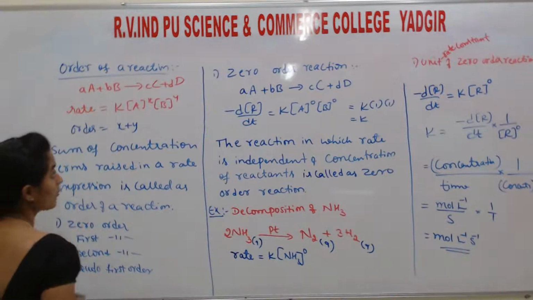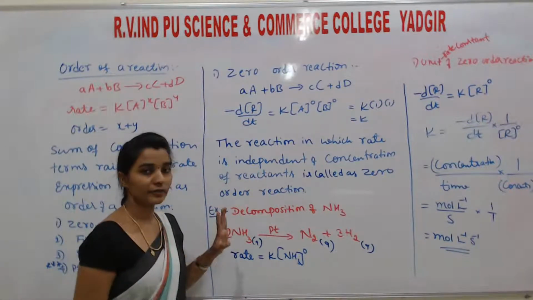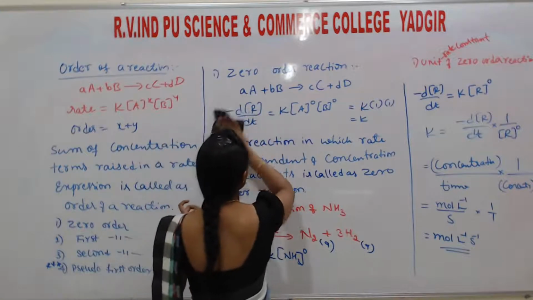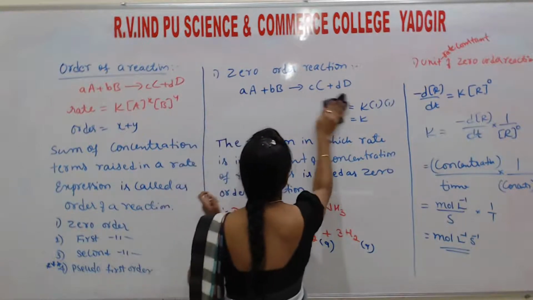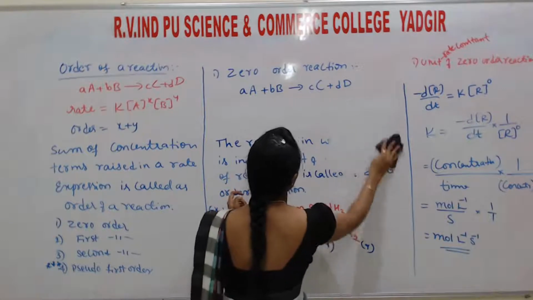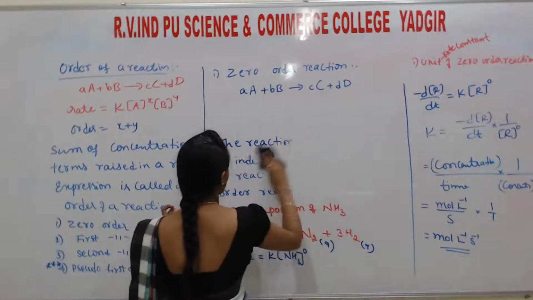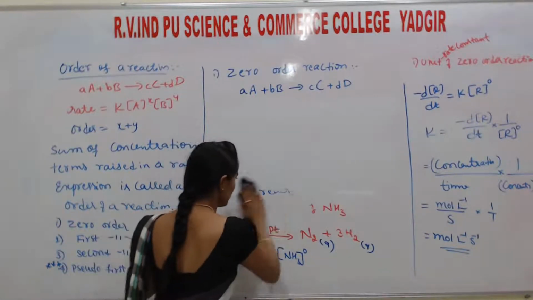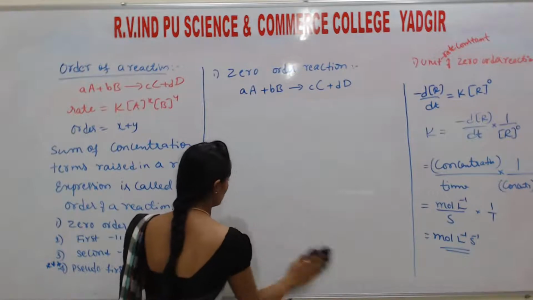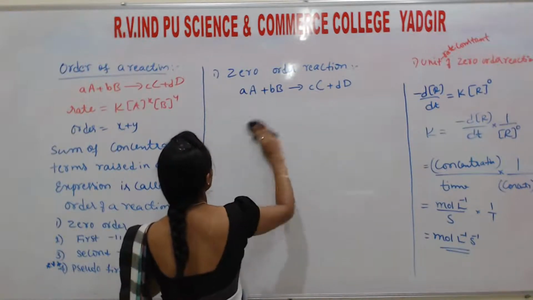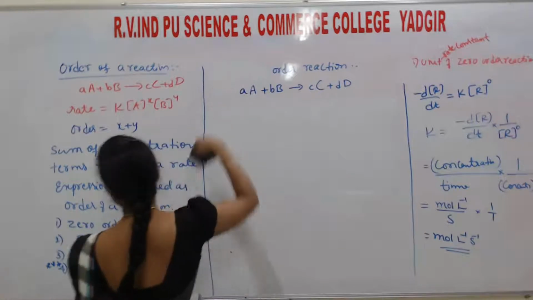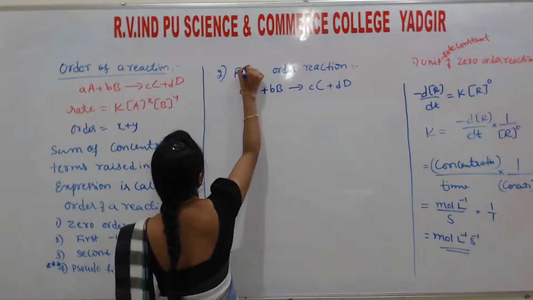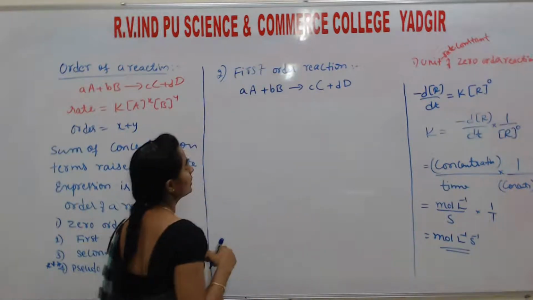So I hope you understand what a zero order reaction means, which is independent of the concentration of reactants. Okay? So next we will discuss the first order reaction. So the second one is the first order reaction.